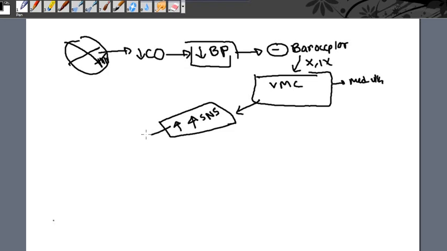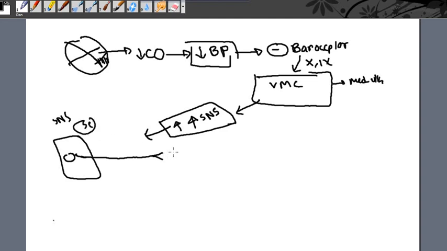And when there is increased sympathetic outflow, what will happen? Sympathetic nervous system has preganglionic neurons in the spinal cord, and this preganglionic neuron synapses with another neuron called postganglionic neuron, and this postganglionic neuron will now activate the ventricular myocyte, right?